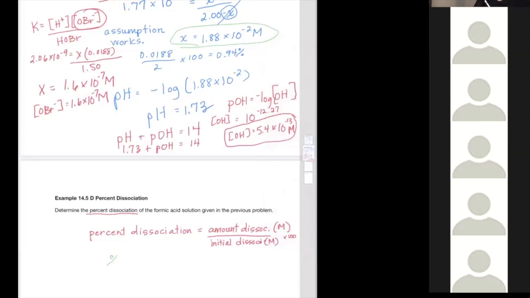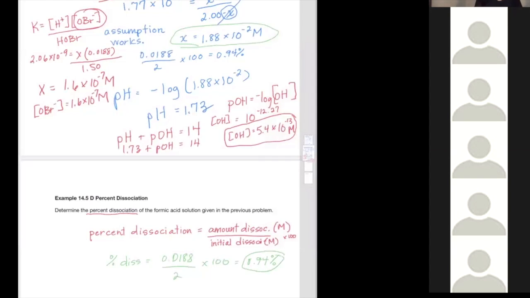So percent dissociation equals then 188 over 2 times 100. And you'll notice this looks a lot like the assumption equation that we just used to prove our assumption was correct.